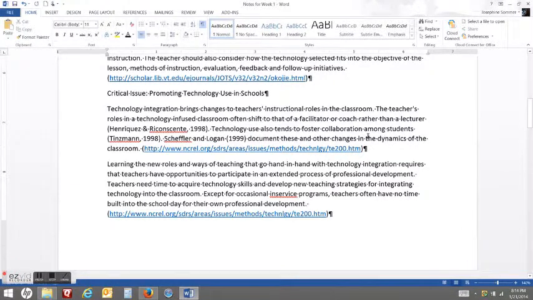I think that may be one of the primary reasons for resistance. They don't know how to conduct their classroom in that atmosphere.